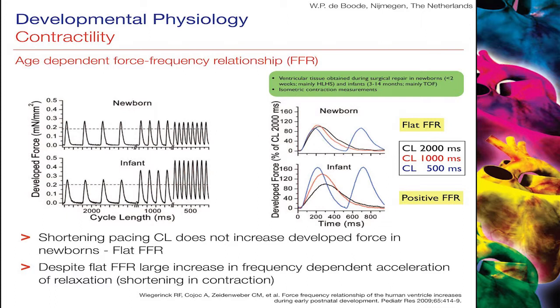So what you can say is that shortening the pacing cycle length doesn't increase the force in newborns. It's called a flat force-frequency relationship. And despite this flat relationship, there's a large increase in frequency-dependent acceleration. And the net effect is a shortening in contraction.